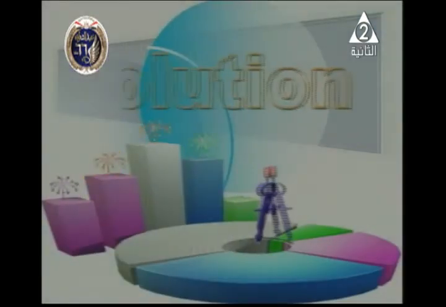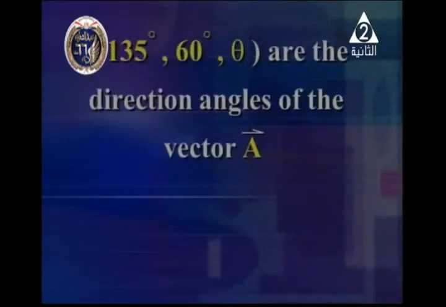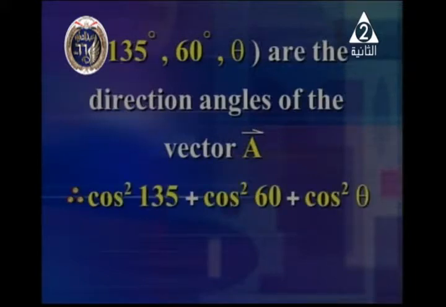Look at the situation. Since 135, 60, theta are the direction angles of the vector A, then cosine squared theta x plus cosine squared theta y plus cosine squared theta z equals what?